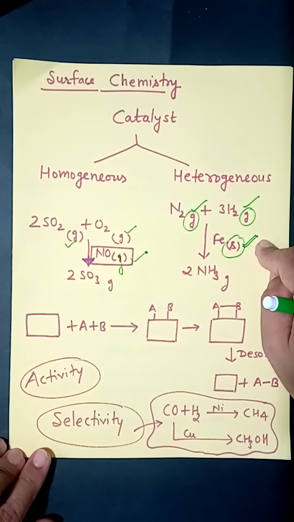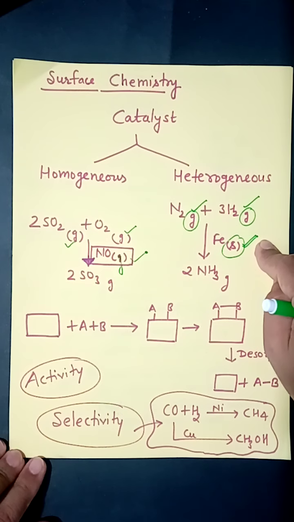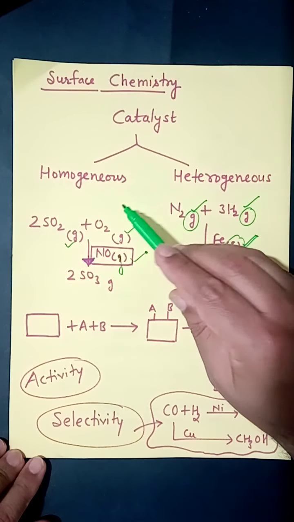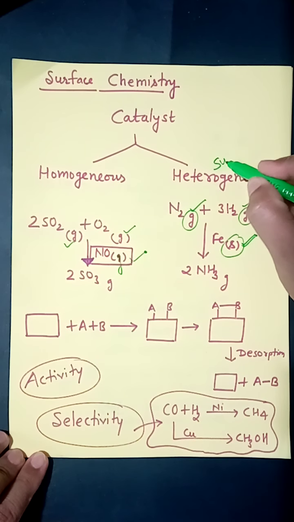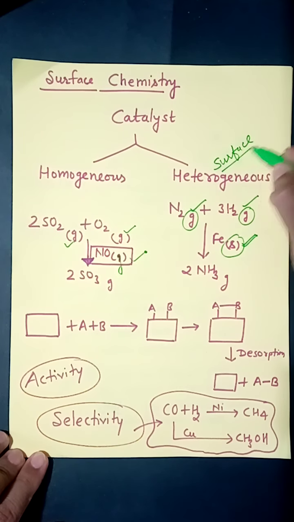Now in class 12th you will come to know how a catalyst increases the rate of reaction. There are a number of theories which can help us to understand this particular question. Out of these two, homogeneous and heterogeneous, the heterogeneous catalytic process depends on surface phenomena.